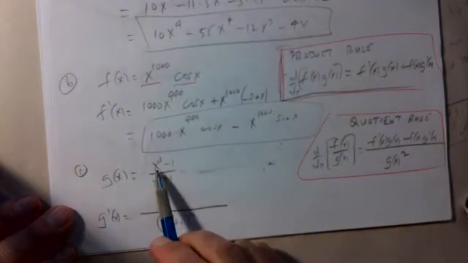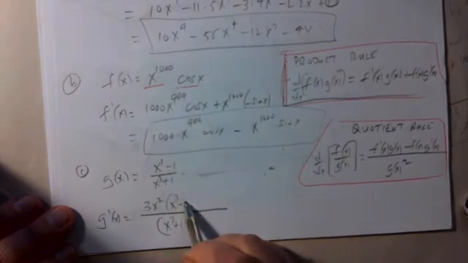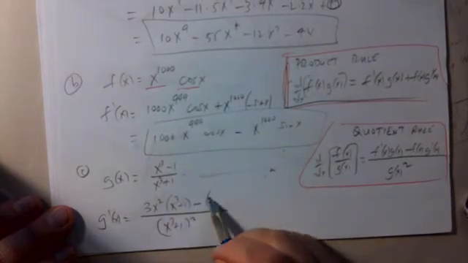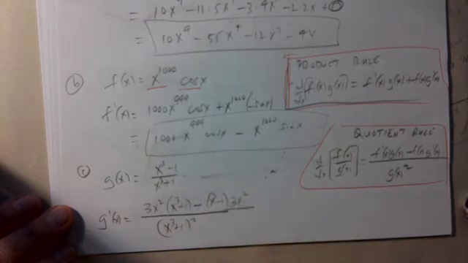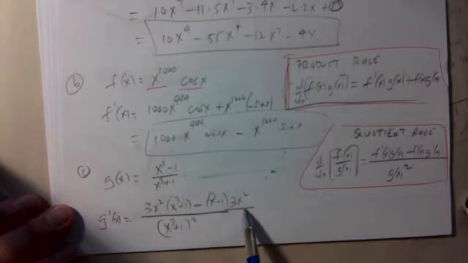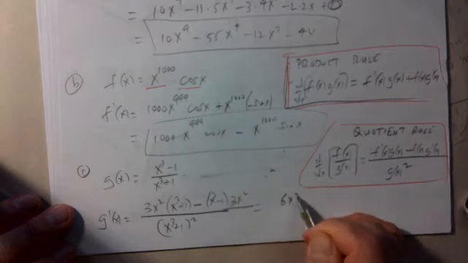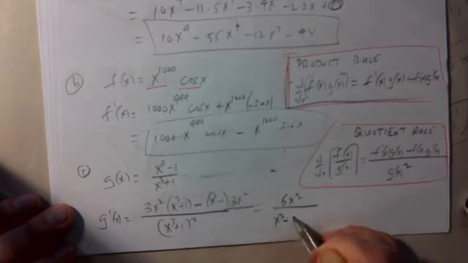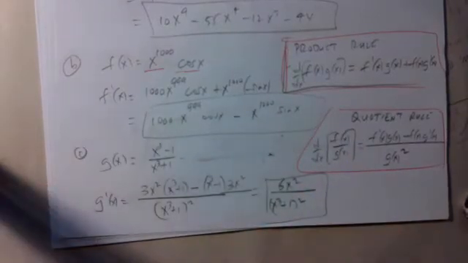The derivative of the numerator, that's 3x squared times the denominator minus the numerator times the derivative of the denominator, which is 3x squared. Let's see, I notice I get 3x to the fifth and minus 3x to the fifth, and 3x squared minus 3x squared. So the answer is 6x squared over x cubed plus 1 squared. That's using the quotient rule.